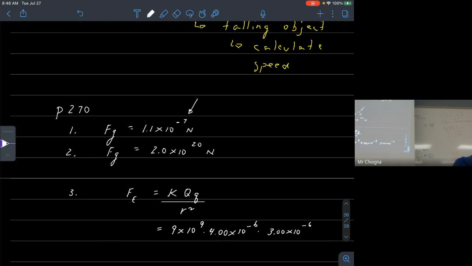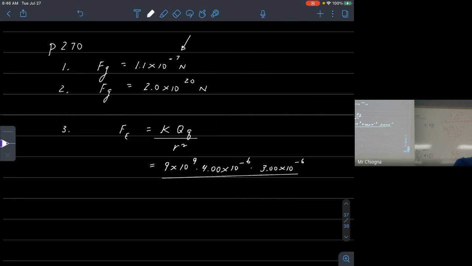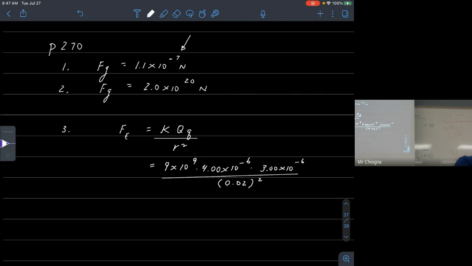That little funny u is 10 to the minus 6. And then centimeters, remember to convert. And that works out to be 270 newtons.